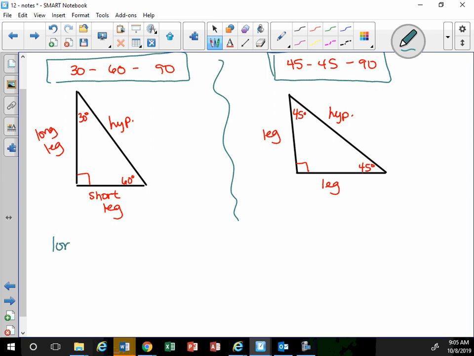The long leg is always equal to root 3 times the short leg. And then the hypotenuse is always 2 times the short leg.